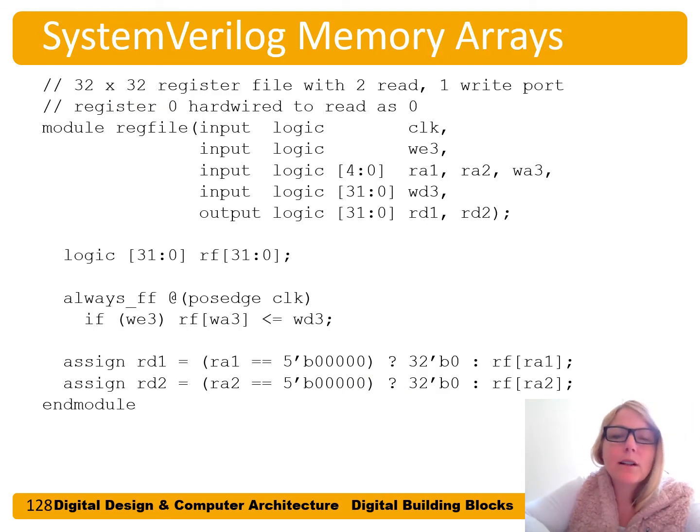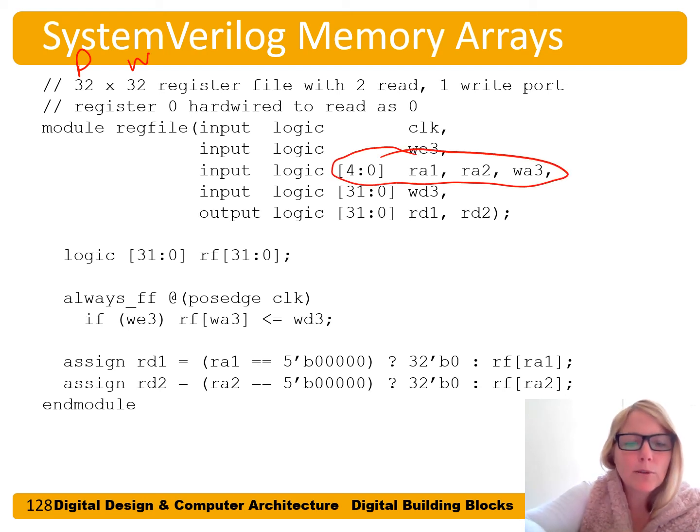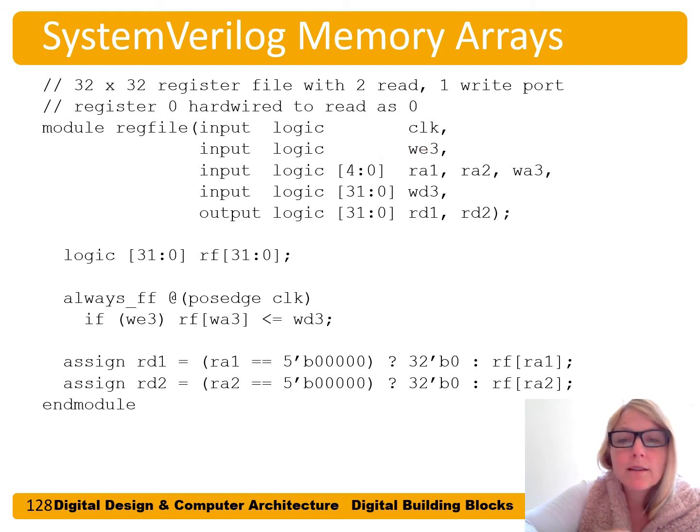Here's the SystemVerilog representation of that small multi-ported memory array that we just showed. This is a 32 by 32 bit register file. So the depth is 32 and the width is 32. We're going to need a 5-bit address to access this memory array. It has 2 read ports and 1 write port.